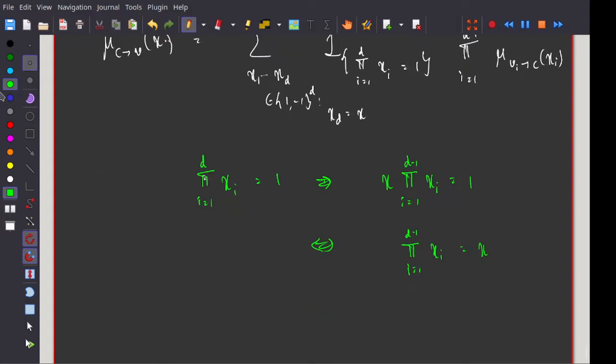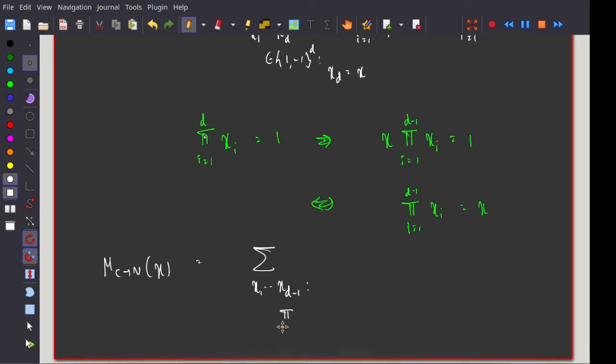So another way of writing this particular update rule is mu_{c to v}(x) equal to the summation over all possible x1 up to x_{d-1} such that the product over i equal to 1 to d minus 1 of x_i is equal to x.